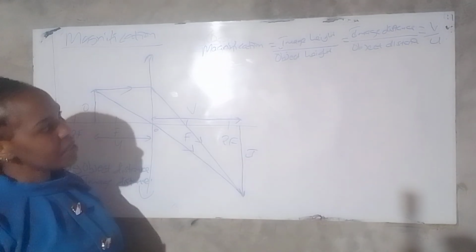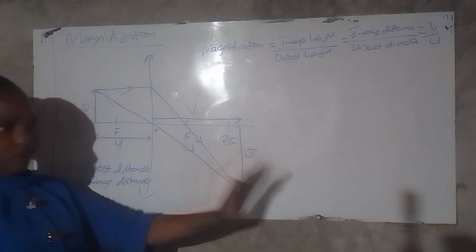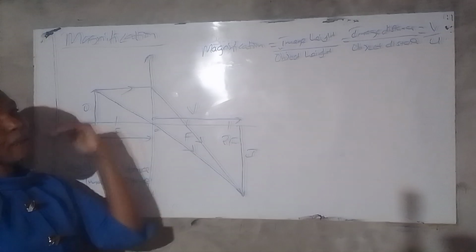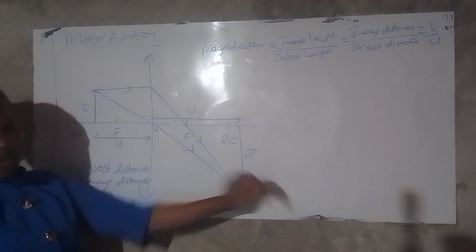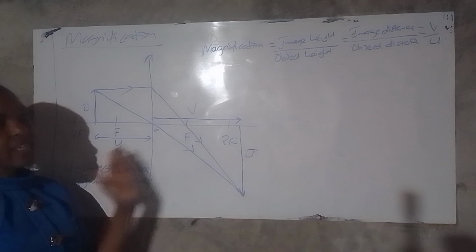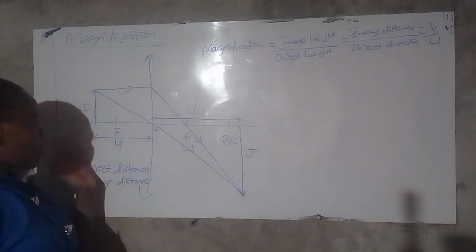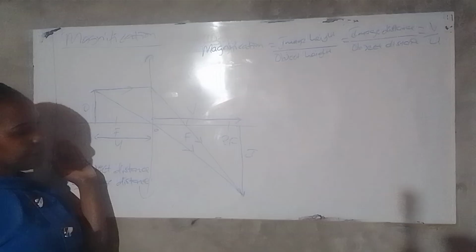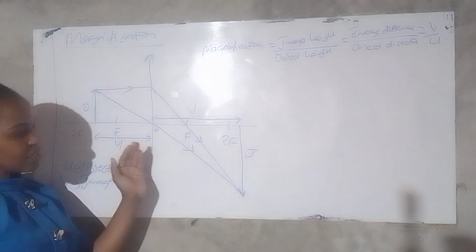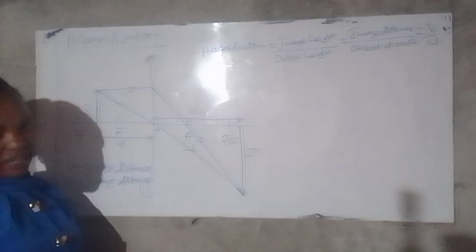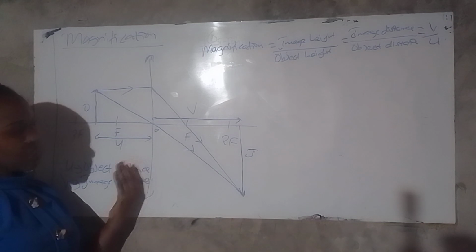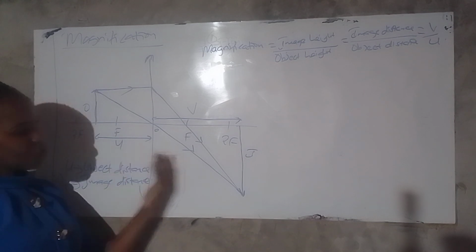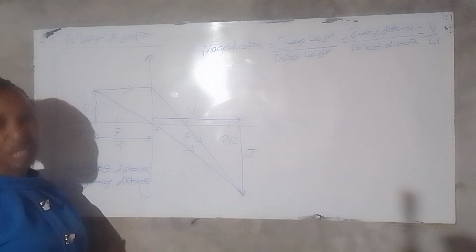So remember, why are we saying this? Because we said as the image moves far away from the lens, it becomes bigger, and the distance also becomes larger. So the larger the image distance, the larger the image size. So when the object is at infinity, as we bring it closer to the lens, the image moves away from the lens and the size of the image increases. As the image comes closer to the lens, it becomes smaller as its image distance also becomes smaller.